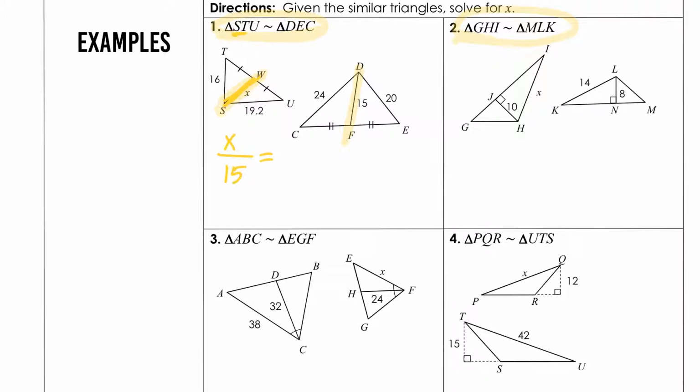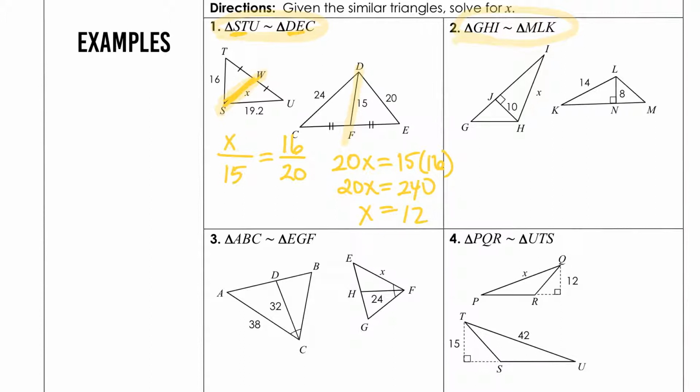Notice that ST corresponds to DE, ST is 16, DE is 20, and solve. So we have 20x is equal to 15 times 16. So we have 20x is equal to 240, or x would equal 12.